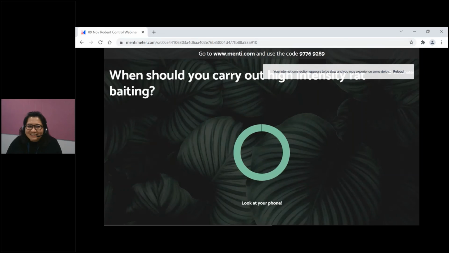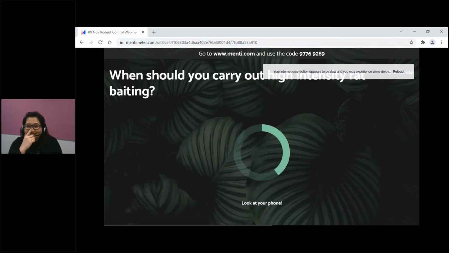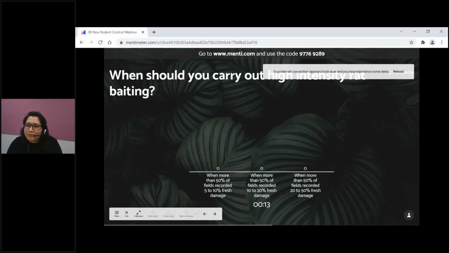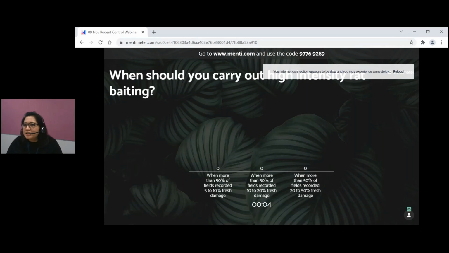When should you carry out high intensity rat baiting? When more than 50% of the fields record 5 to 10% fresh damage, when more than 50% record 10 to 20%, or 20 to 50%?